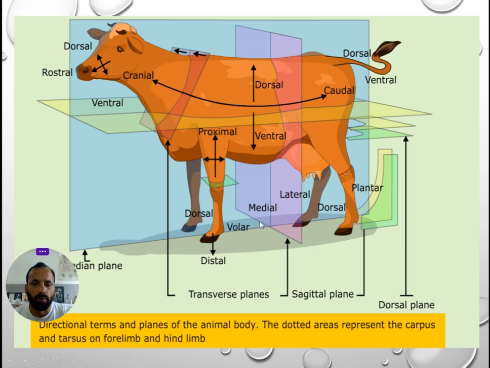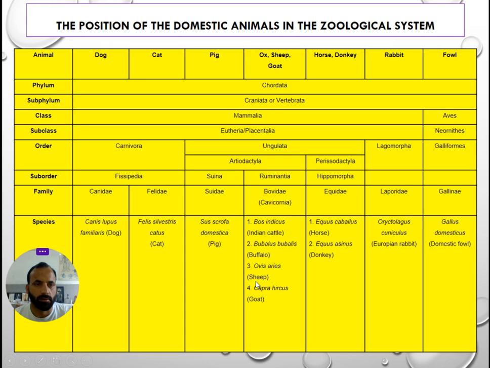Then you have the dorsal plane, which cuts the animal body into two parts, an upper part and a lower part. These planes let you describe different parts of the animal, for example whether something is in the dorsal plane or the median plane. This is very important for describing anything in animals.